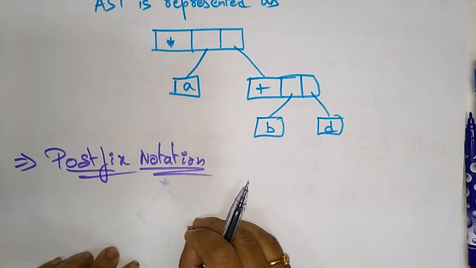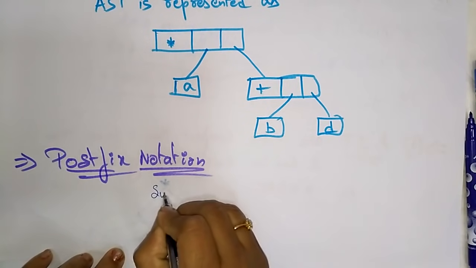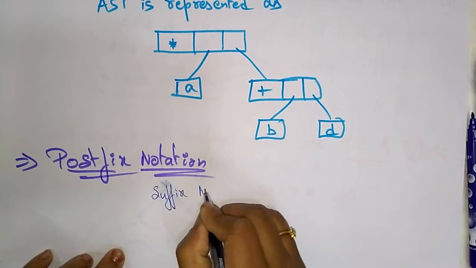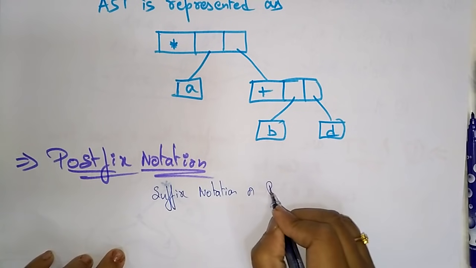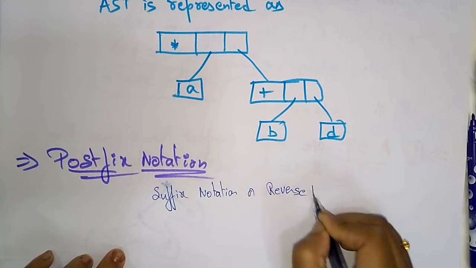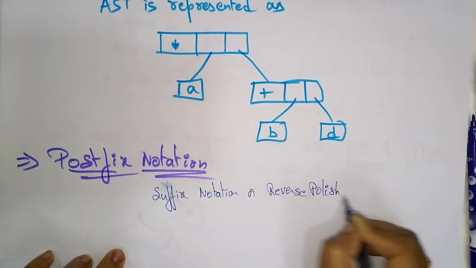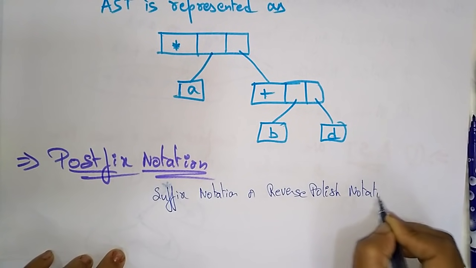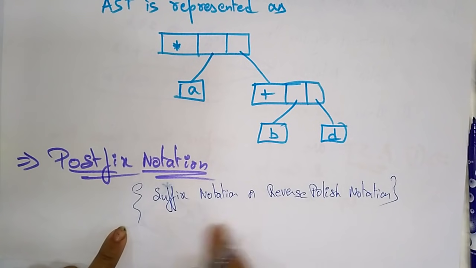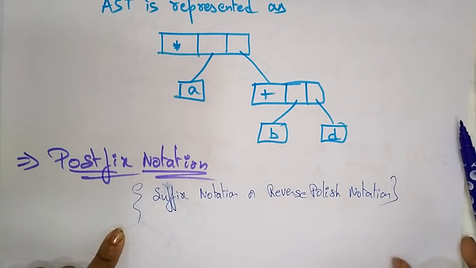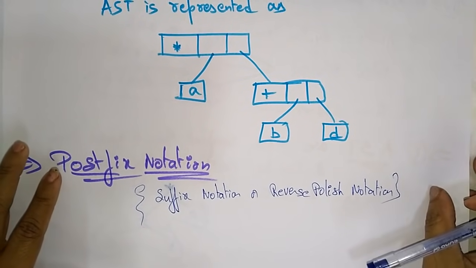It is also called suffix notation or reverse polish notation. The postfix can also be called suffix notation or reverse polish notation. So the postfix notation is a linear representation of a syntax tree.